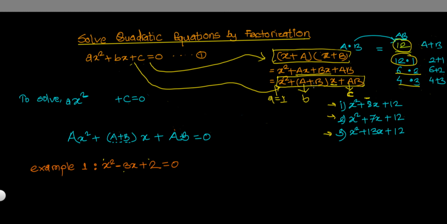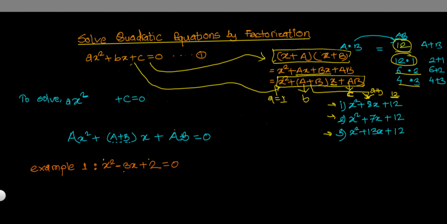The middle term is a plus b. If 12 is our ab term, the middle term is a plus b, and the product of a and b is 12.